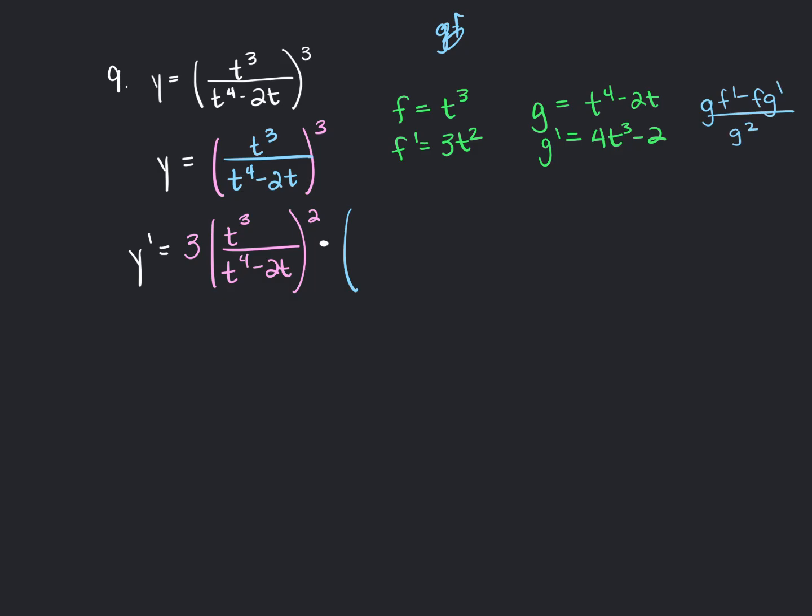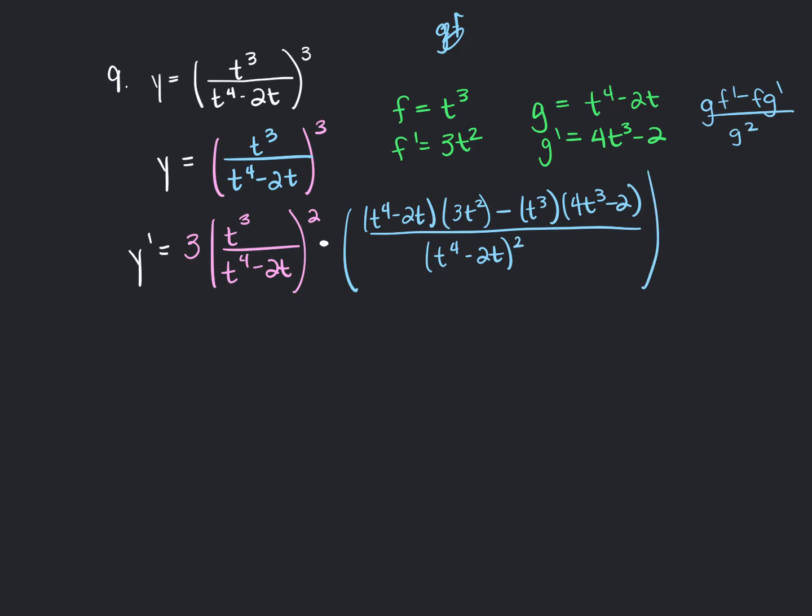So we'll have low d high minus high d low over low low. So t to the fourth minus 2t squared.